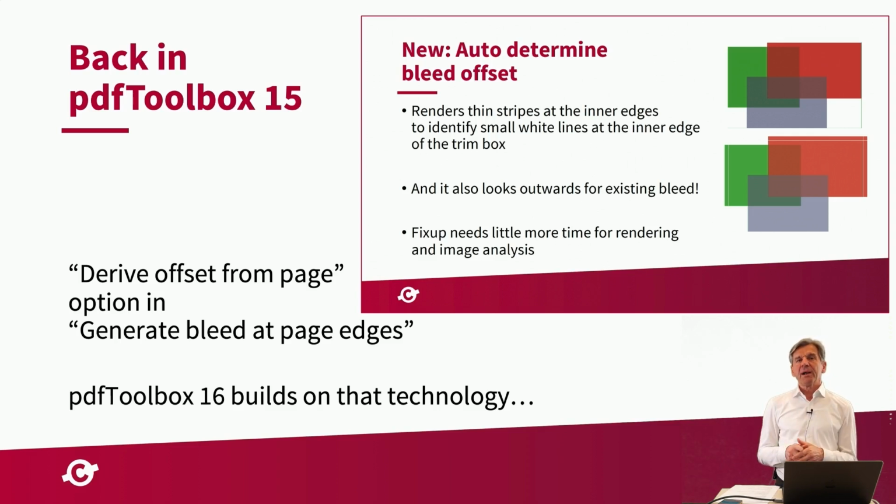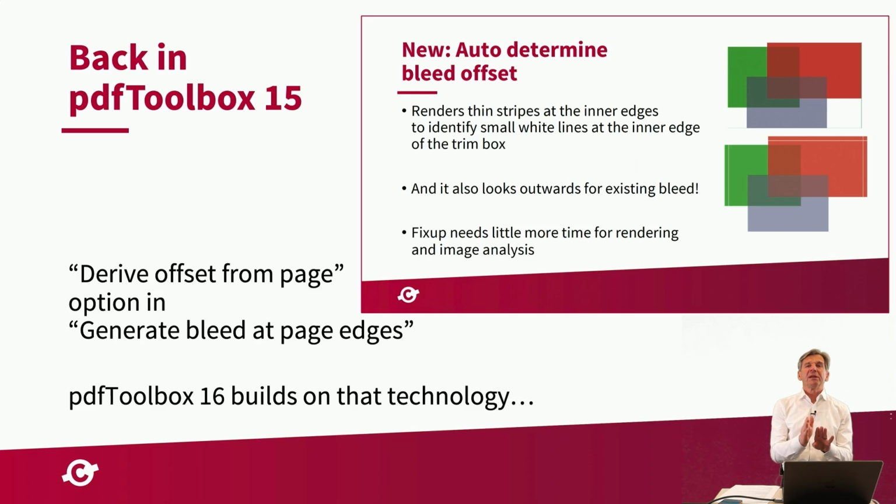But once in a while, you may have content that does not go accurately to the trim box, so it stops slightly before. And what you would then have to do is move the edge where you create the bleed slightly inwards of the trim box. And that is what this auto-determination does for you.